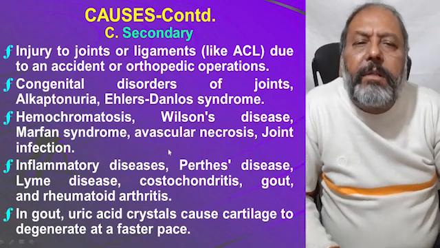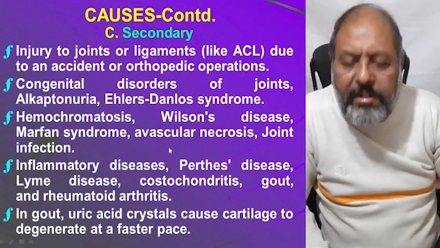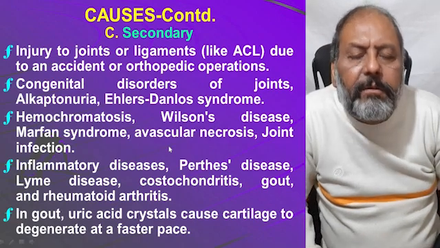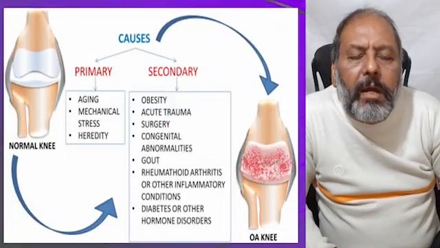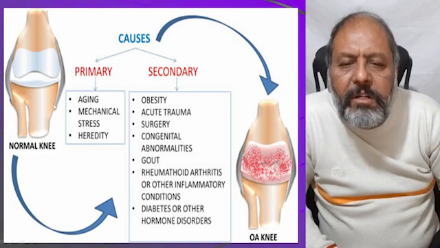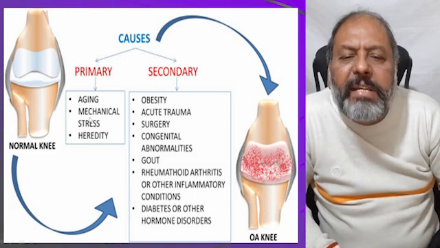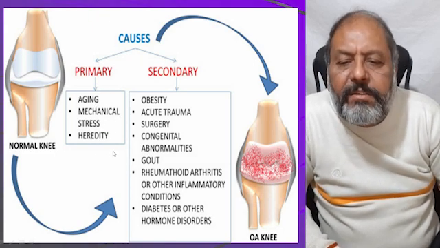In gout, uric acid crystals cause cartilage to degenerate at a faster pace. So, about the causes, occupational and other: the primary causes are aging, mechanical stress, and heredity.